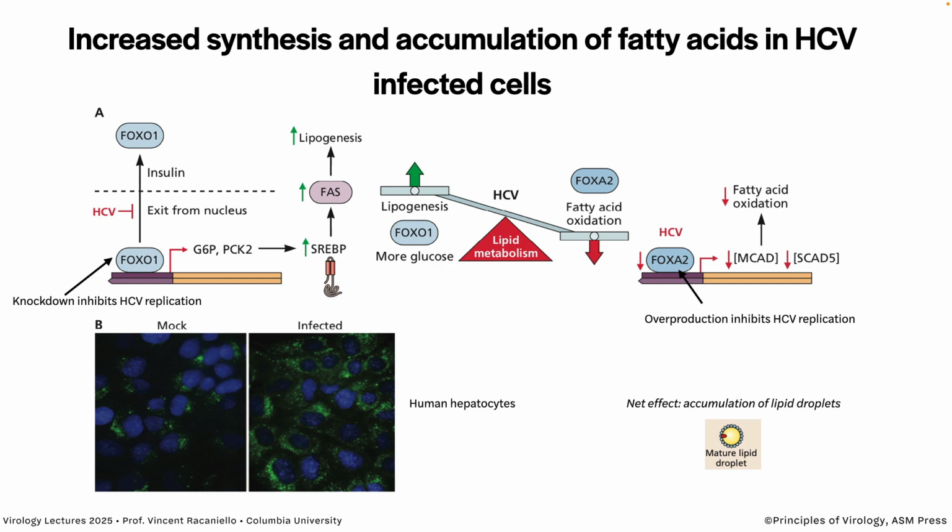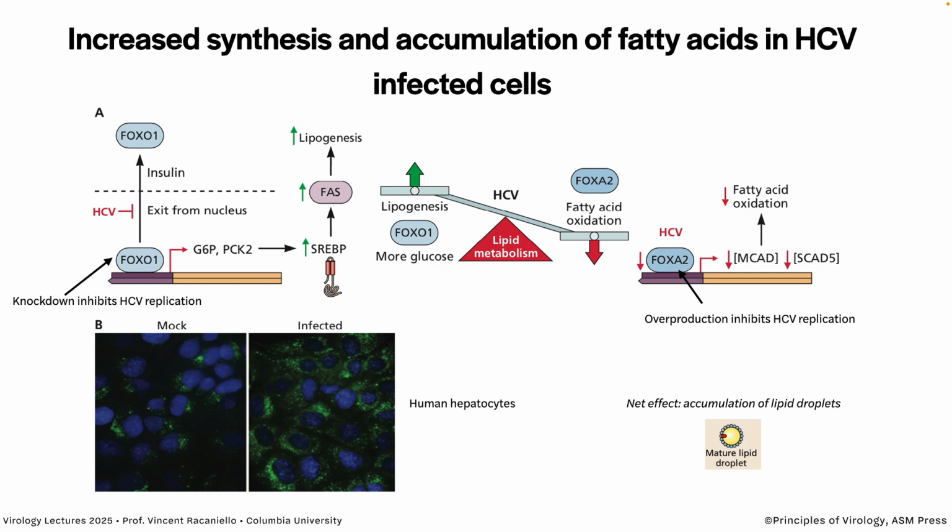More glucose will lead to the synthesis of more lipids, and then it turns down the synthesis of another transcription factor that is needed for the genes involved in fatty acid oxidation. So here's FOXA2, transcribing genes involved in fatty acid oxidation, so HCV inhibits it. And if you experimentally overproduce FOXA2 in HCV-infected cells, you inhibit HCV replication.